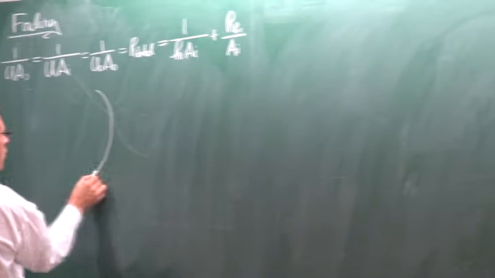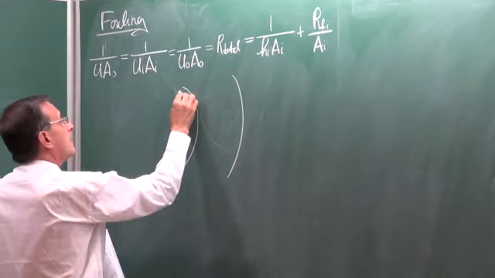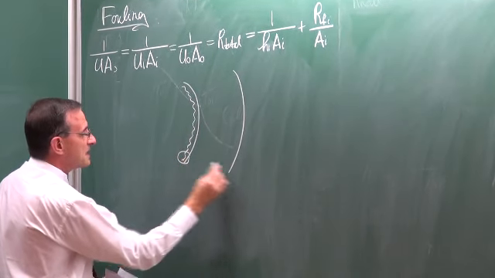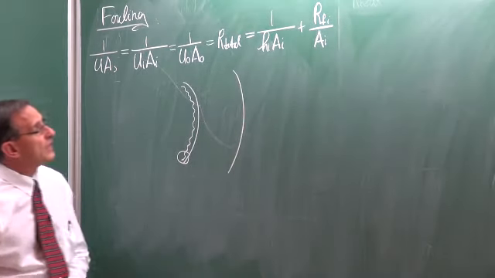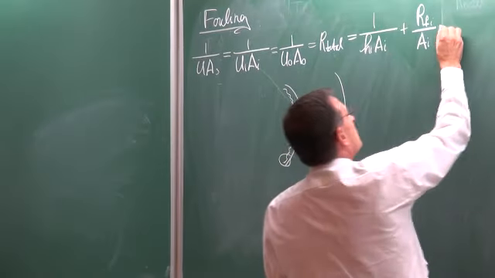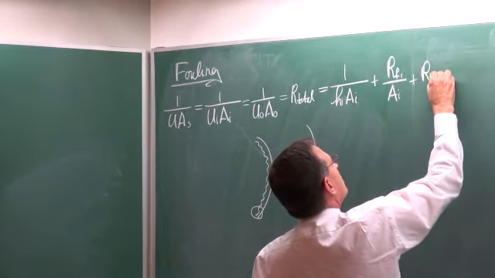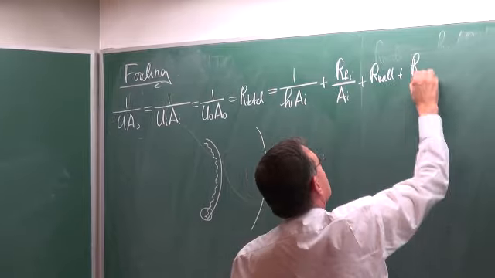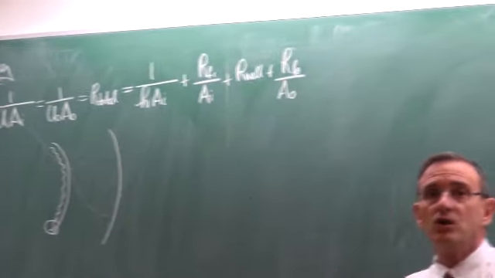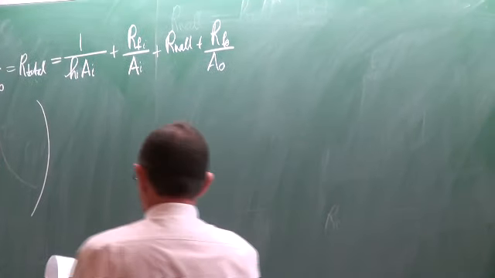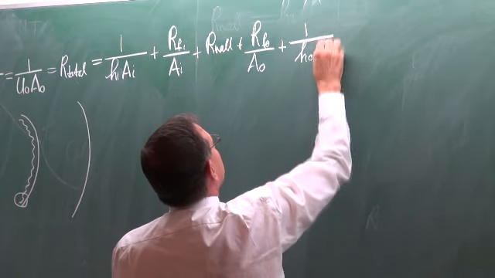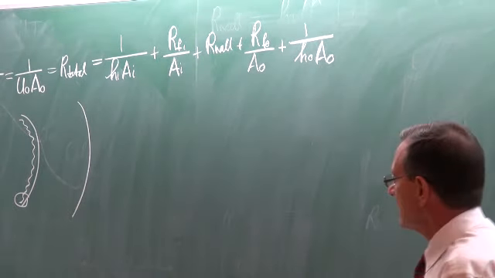So if this is our wall, and that is the fouling on this side, that resistance is equal to R_fi divided by the area on the inside, plus the resistance of the wall, plus then the fouling on the outside of the surface divided by the area on the outside, plus 1 divided by the heat transfer coefficient on the outside multiplied by the area on the outside.